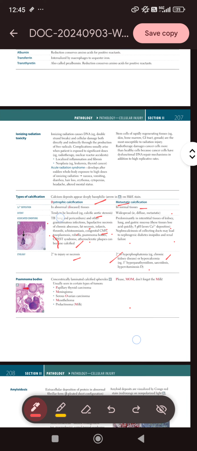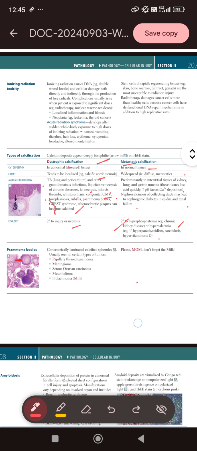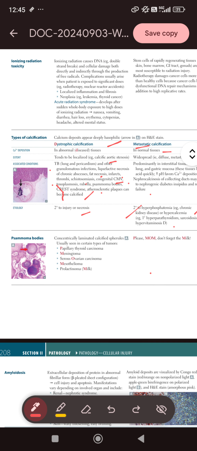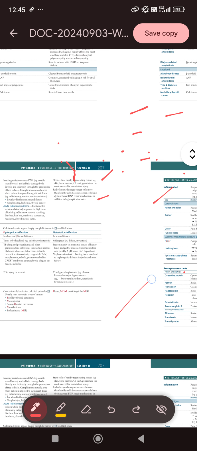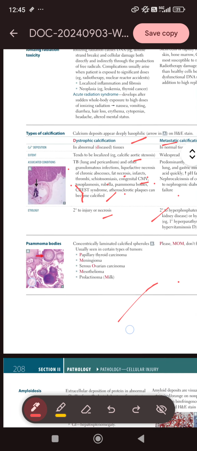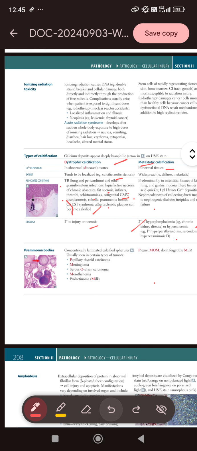Now we should see psammoma bodies, which we see in dystrophic calcification. At first look at the image, concentric rings are present, and these are calcified spherules, a type of dystrophic calcification. For the examples, we know the mnemonic: please mom don't forget the milk.